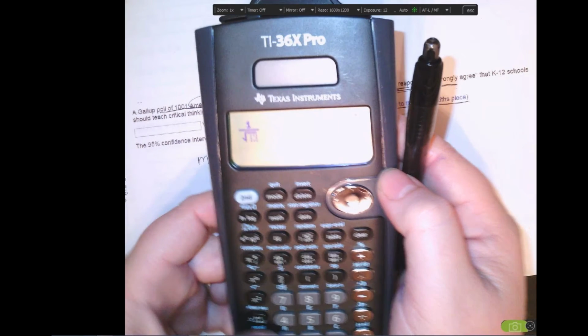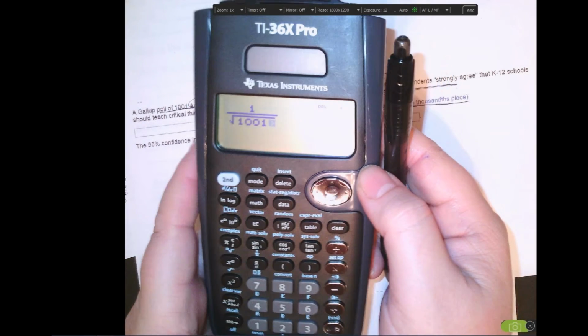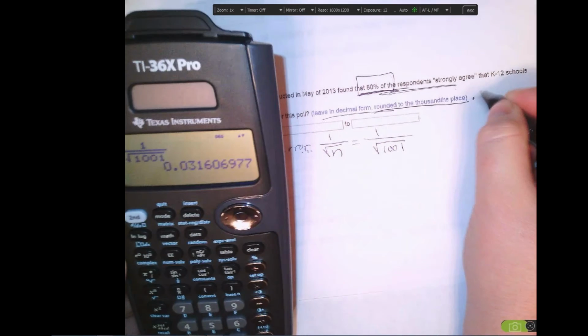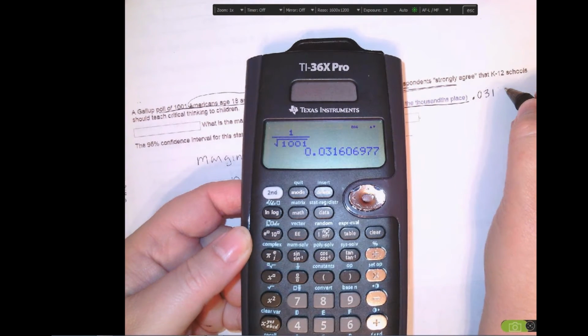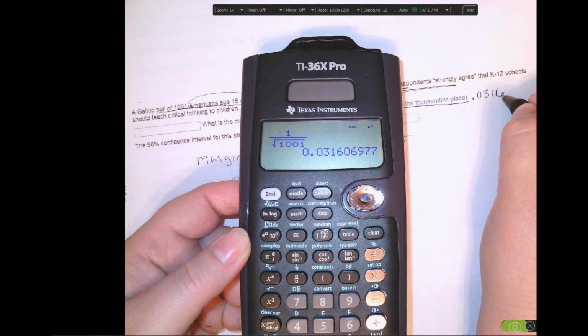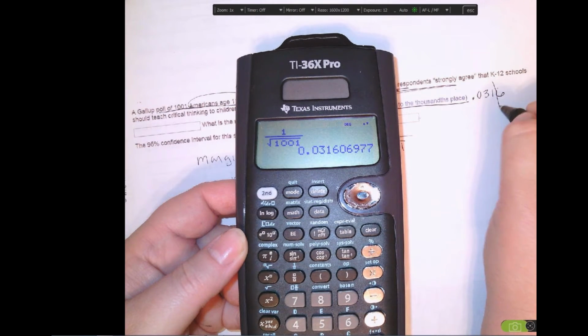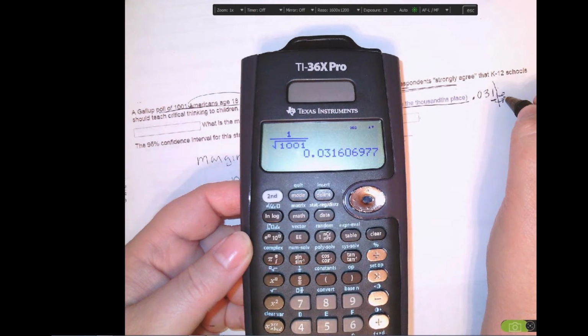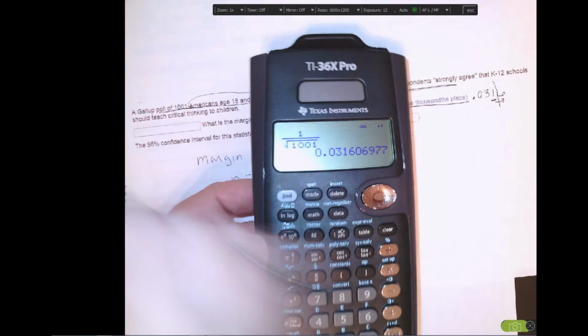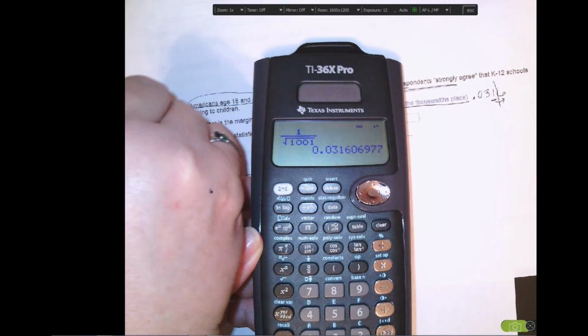Second square root, and that gives us 0.0316, and it said round to the thousandths, so it's a 6 in the 10,000ths, so it will become 0.032.